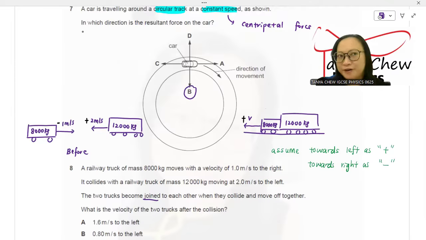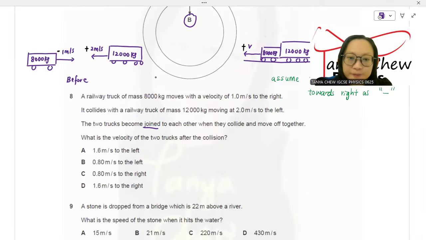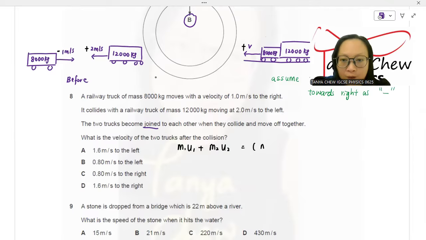But if my final answer of V is negative, it also means that the two trucks are moving towards right. Now I'm going to use the principle of conservation of momentum. m1u1 plus m2u2 is equal to, since they join together, I'll add their total masses times their shared velocity.